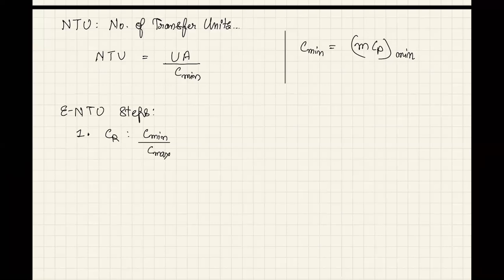For the given problem, you take the product of m_c C_pc, and then the product of m_h C_ph. Whichever is minimum, you keep in the numerator, whichever is maximum, you keep in the denominator, and you calculate the value of C_R.